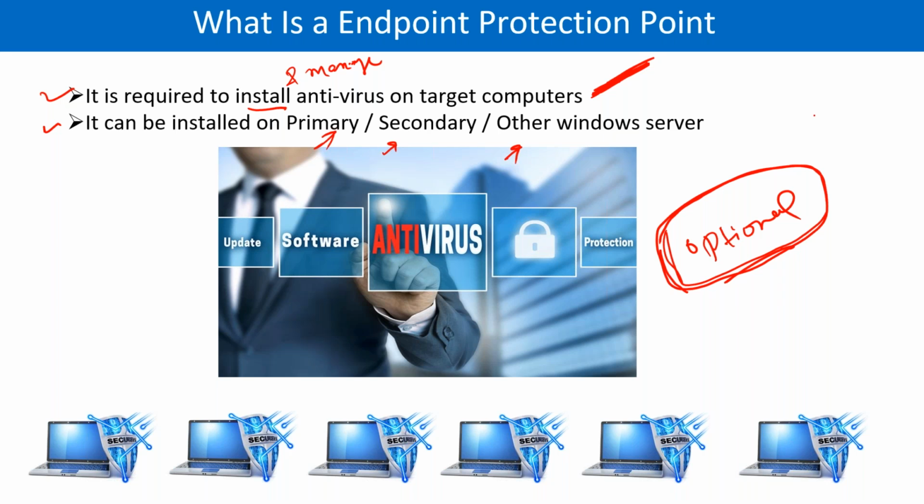So people are not using the native Windows Defender antivirus. But in case you would like to use it, you can manage antivirus through this endpoint protection point role. Okay, got it.